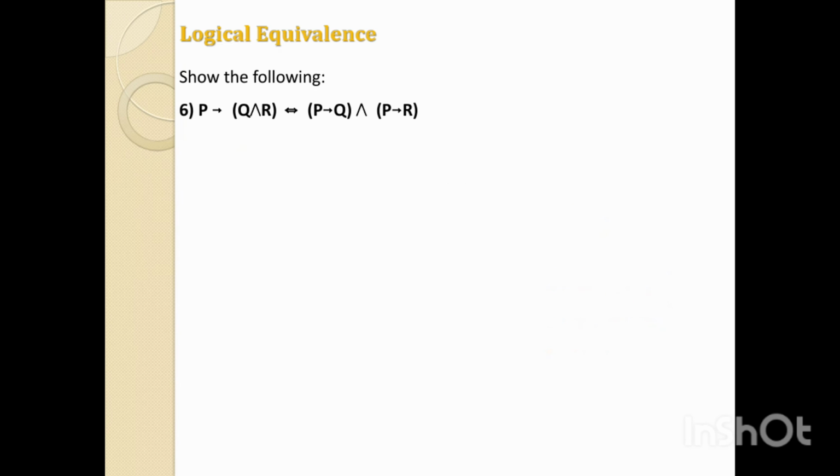See the next, sixth problem statement: P implies (Q and R) is logically equivalent to (P implies Q) and (P implies R). Let us consider the LHS side, P implies Q and R. By using the formula, it becomes not P or (Q and R). Now, the inside bracket and outside bracket have different symbols.